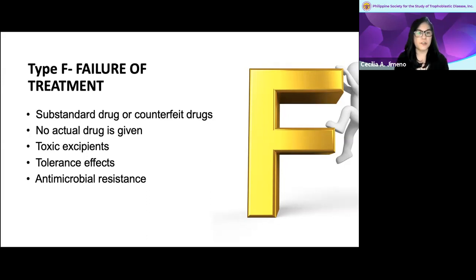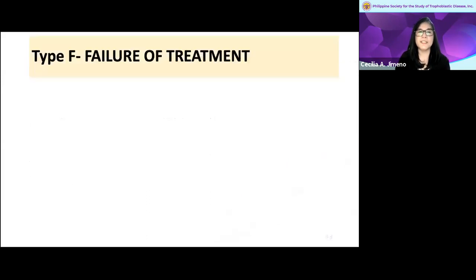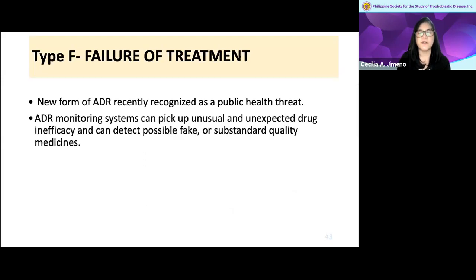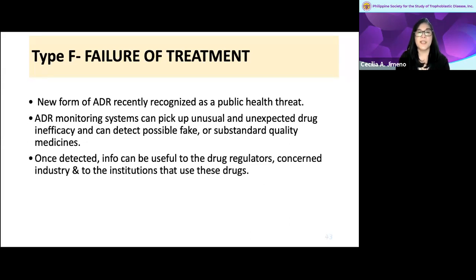Another explanation for a type F ADR is actually the development of antimicrobial resistance. And this kind of ADR is very important because we need to recognize them as public health threats. ADR monitoring systems should be able to pick them up. And once detected, the information can be used by the drug regulators, the concerned industry, and the institutions that use these drugs to then withdraw these drugs.